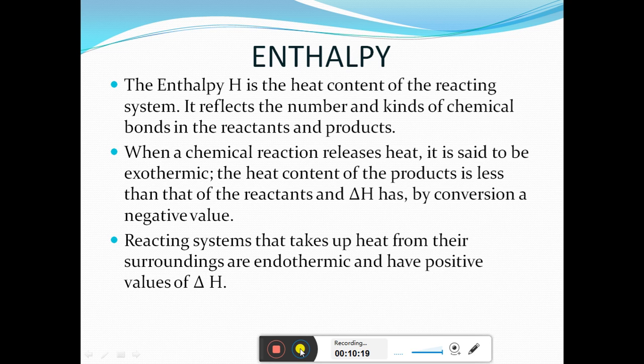The heat content of the product is less than that of the reactants, and delta H by convention has a negative value. Reacting systems that take up heat from their surroundings are endothermic and have positive values of delta H.